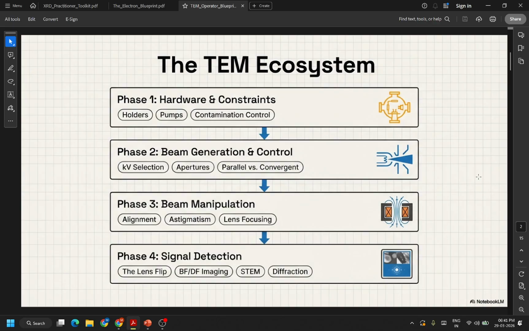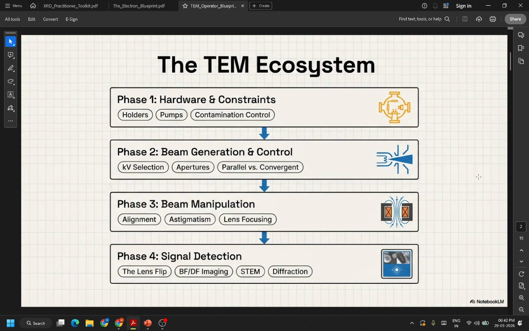So the TEM ecosystem first contains hardware and constraints. You have your sample holders, you have pumps to create vacuum, then you have contamination control to prevent any contamination. Then there's beam generation and control: voltage selection, apertures, whether you want parallel beams or convergent beams.